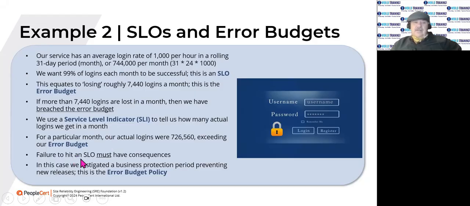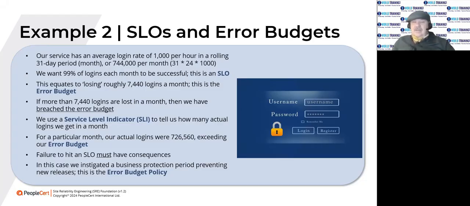Failure to hit an SLO must have consequences. In this case, you may have an error budget policy that says we're going to institute a business protection period, preventing new releases. This is a popular, fairly frequently used type of error budget policy where the SREs declare that an SLO error budget has been breached, and they determine, according to some negotiations, what the policy will be.